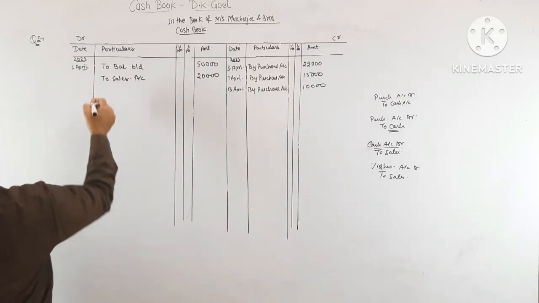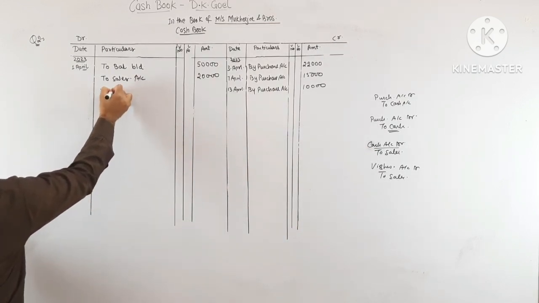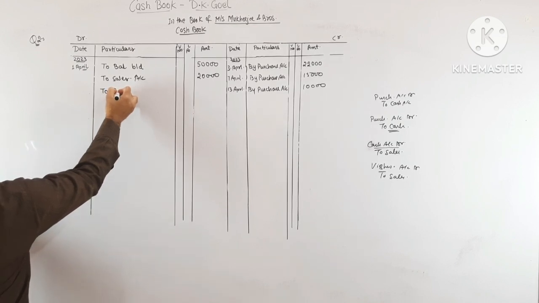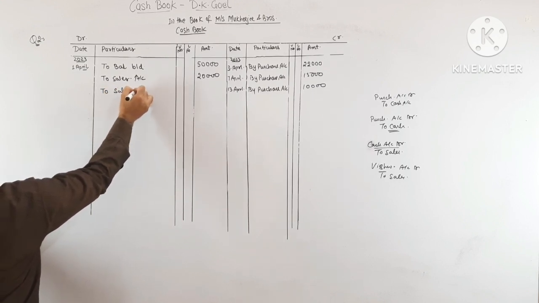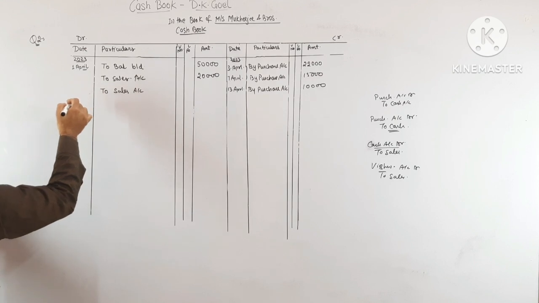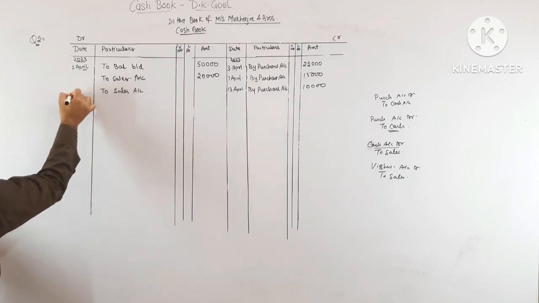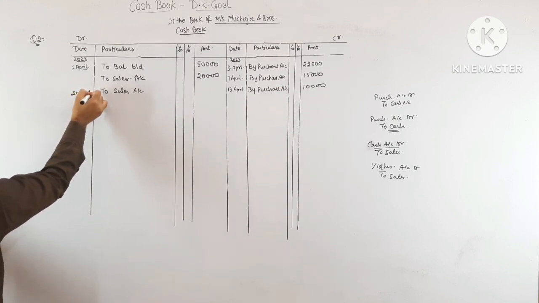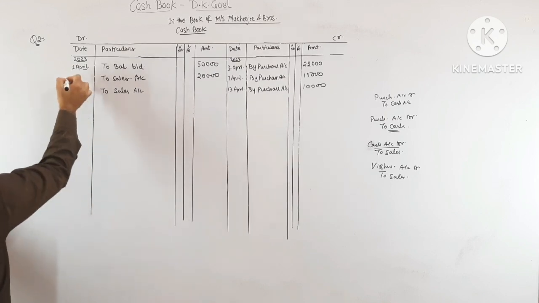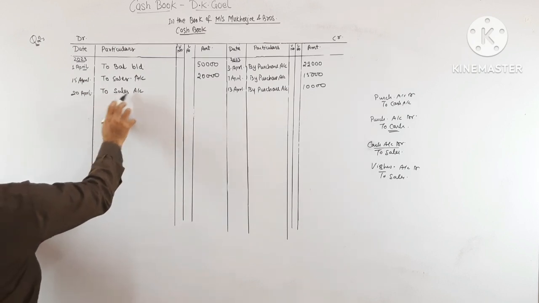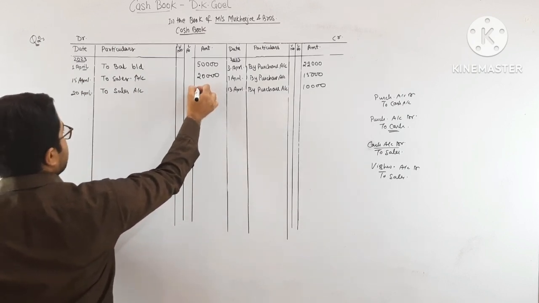To Raghunandan, sold goods to Raghunandan for cash. To sales account, the date is 20. Now see, to sales account, Raghunandan 18,000.